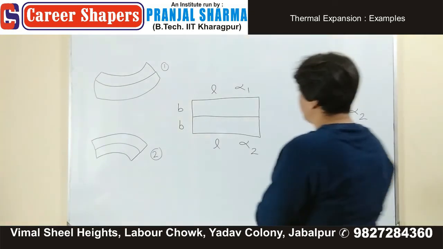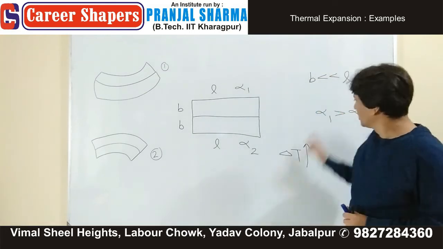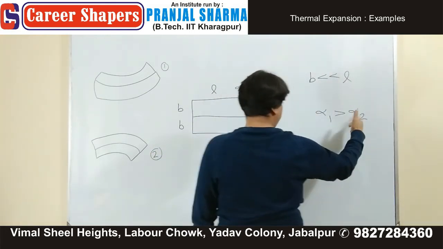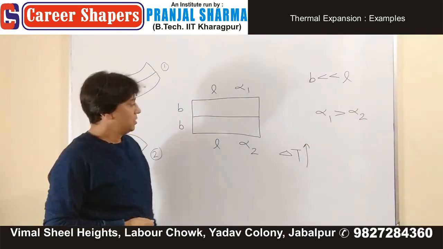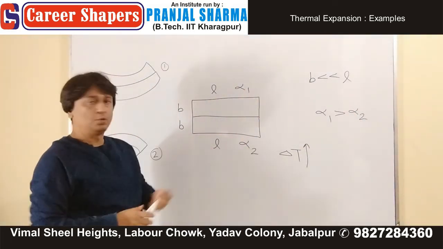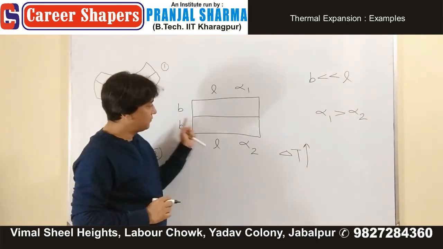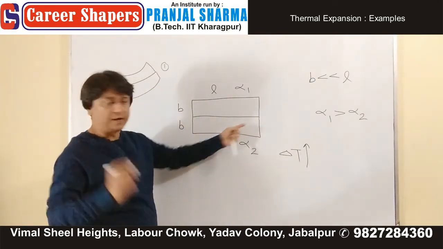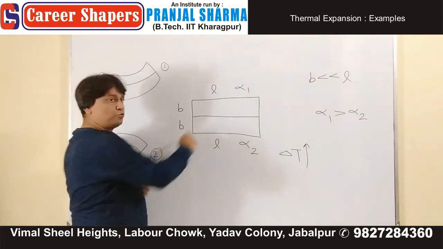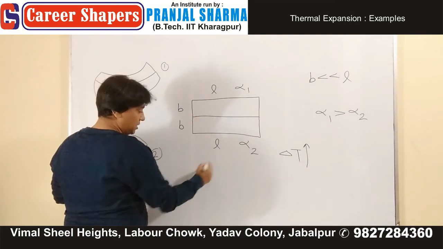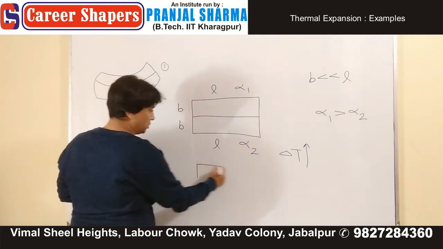Well, most of you have answered correctly. Look at this. Alpha 1 is greater than alpha 2. If alpha 1 is greater than alpha 2, then if you do not have this type of welded joint, if these two plates you separate them and increase the temperature, then that's how the system is going to look.